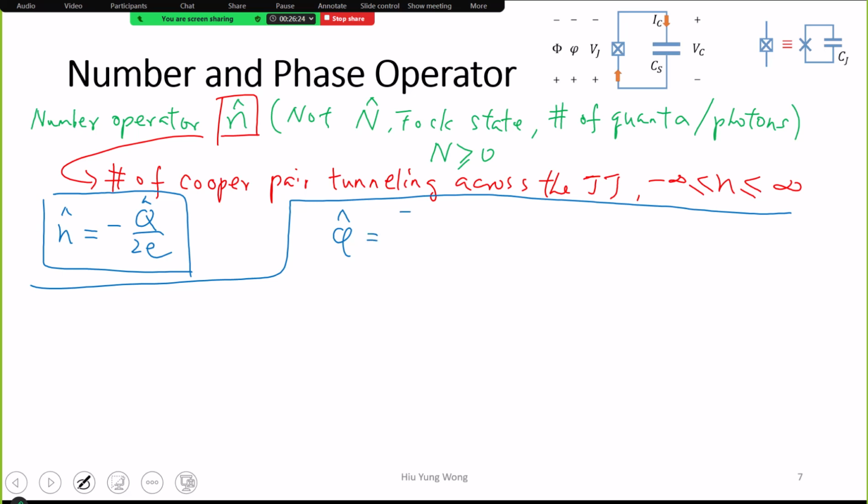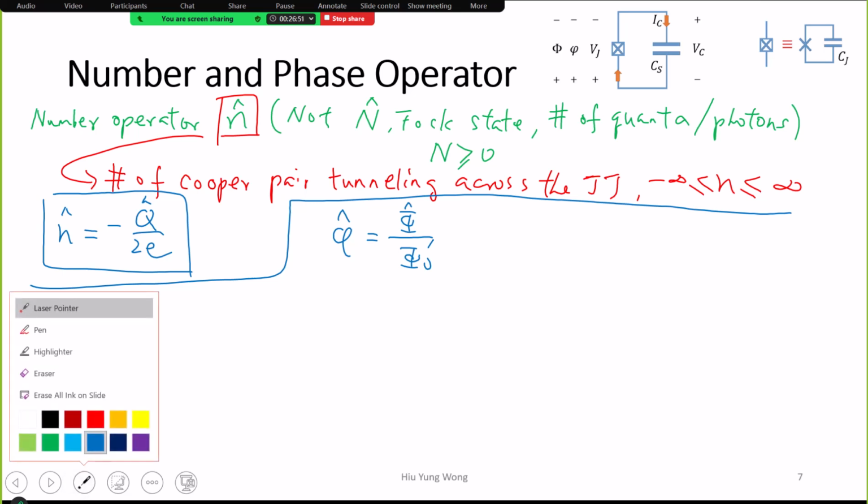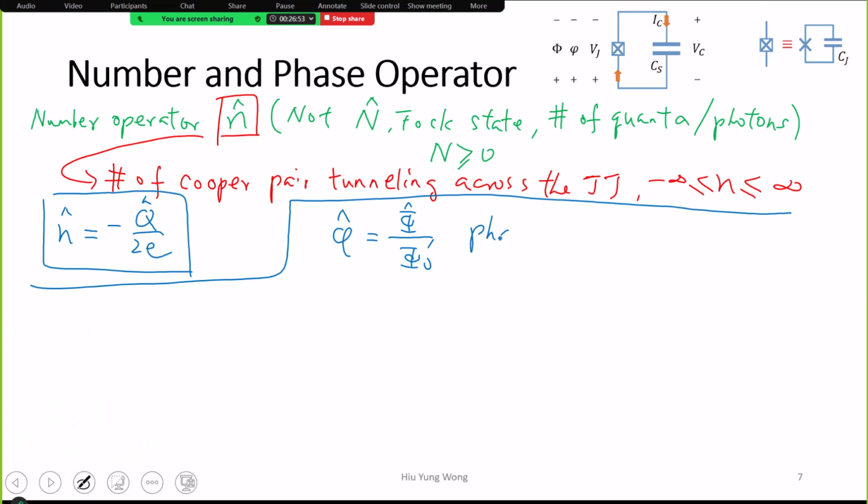We already said this is phi divided by phi naught dash. But it's important to realize that we now unify everything together. So this phase doesn't need to be a Josephson phase. You can even have an inductor in your circuit. You just take the flux divided by this reduced magnetic flux quantum. Then we also call it phase, right? And this is the phase operator.